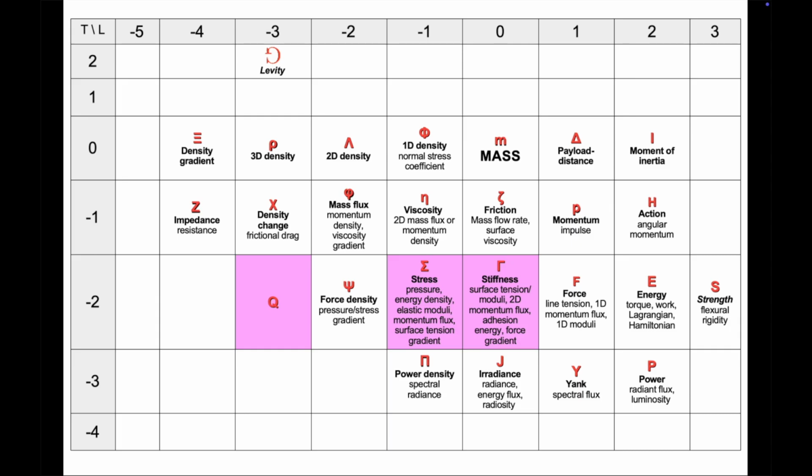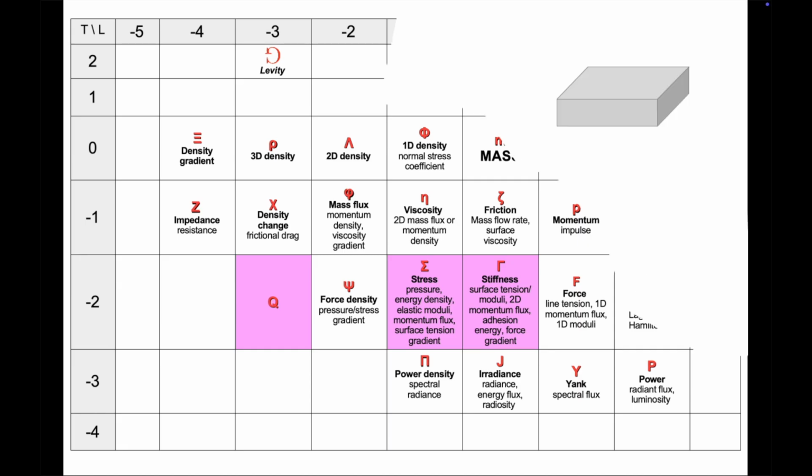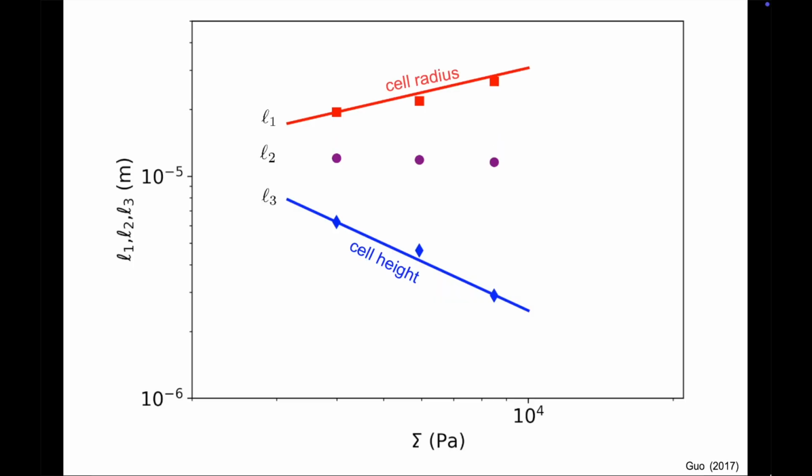Gamma was some stiffness or surface tension, or adhesion energy per unit area. We did not have enough data to conclude. And a third unnamed quantity Q, required by the way the height and contact radius scaled with the elastic modulus of the substrate.